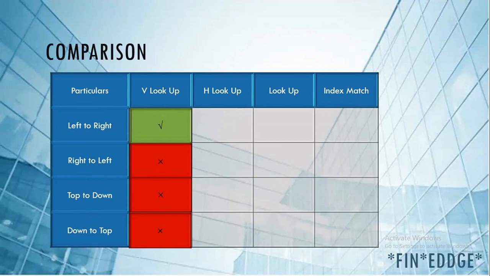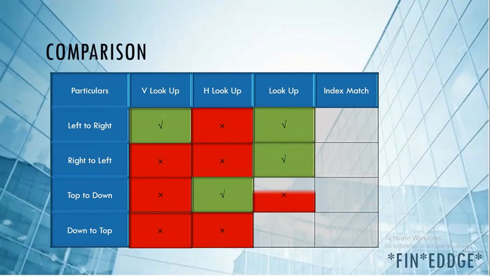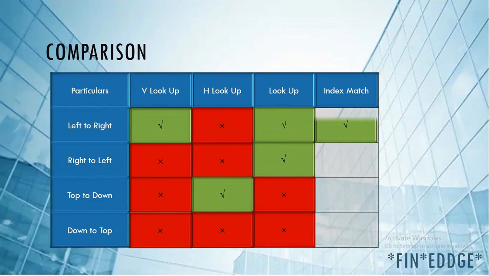The HLOOKUP function works from top to down and not in any other direction. Then the LOOKUP function works from left to right and right to left. And finally the INDEX MATCH function works in all directions. You can arrange it so that it provides results from left to right, right to left, top to down and down to top.